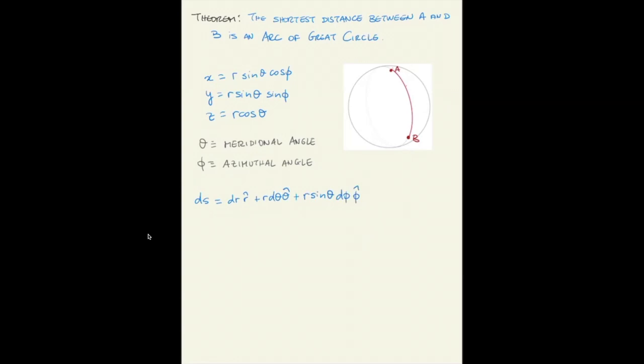We can square this to get ds squared equals dr squared plus r squared d theta squared plus r squared sine squared theta d phi squared. Now we want to know the distance. The distance is the integral of this path element going from A to B.